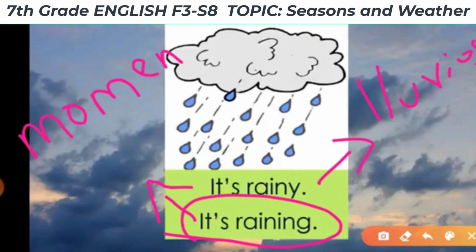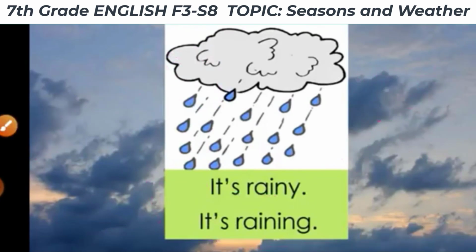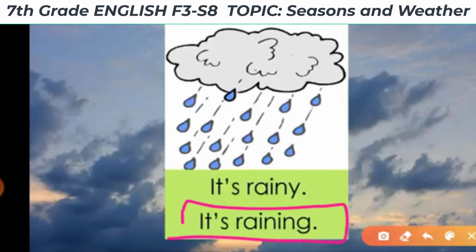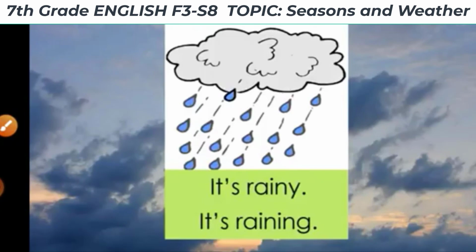Por eso dice it's raining con ing al final, okay? Porque en este precise moment it's raining. Pero cuando el clima está así como lloviendo, se quita, llueve, se quita, it's rainy. Attention to the difference, okay?